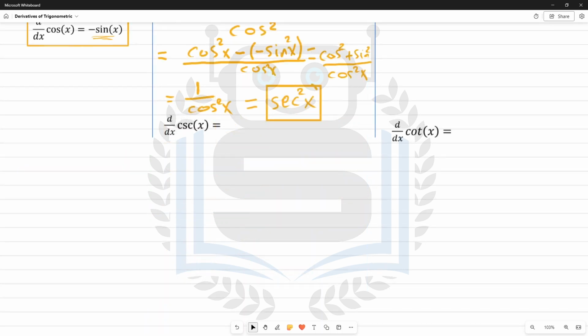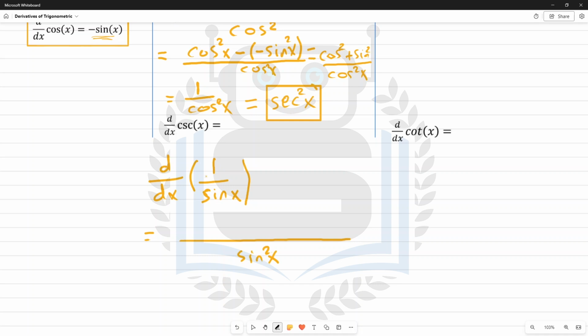Next one, cosecant x. We know that cosecant equals 1 over sine x. So this is d over dx of 1 over sine x. We'll apply the same rule. That will be equal to sine squared x in the denominator, and in the numerator, the denominator times the derivative of the numerator.